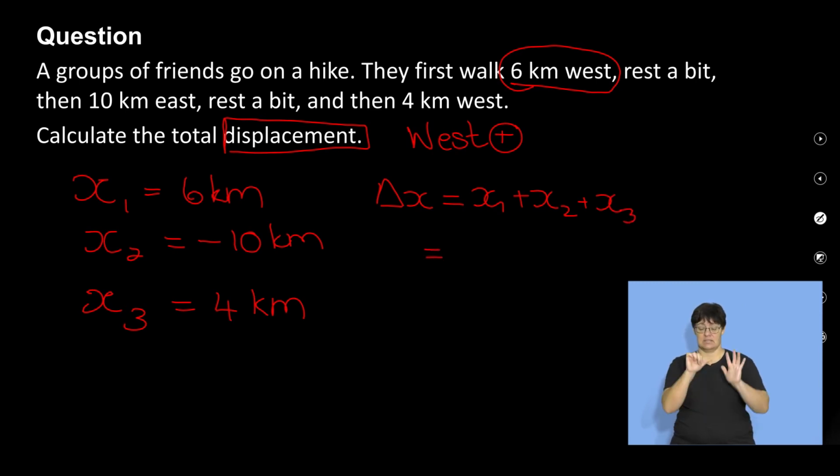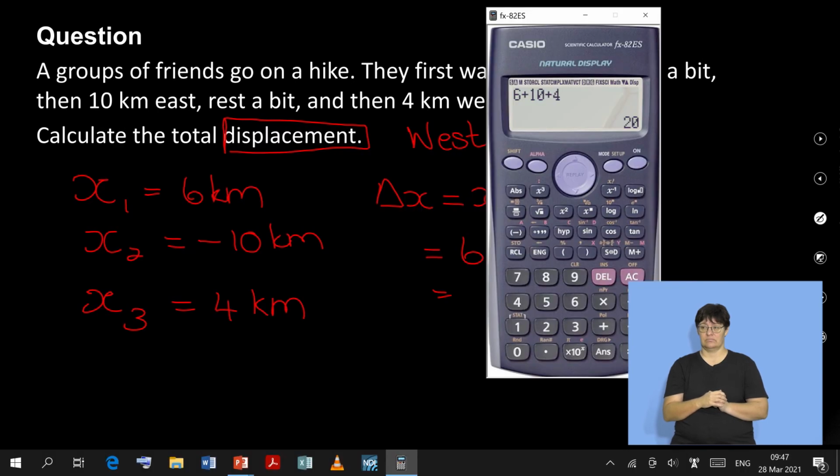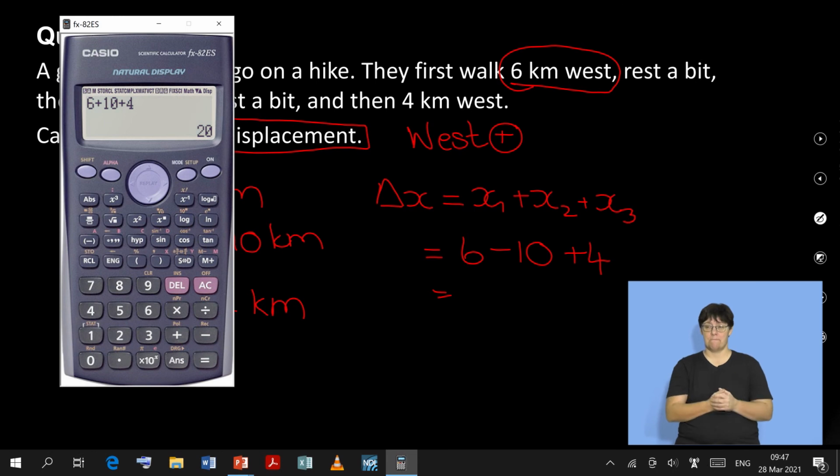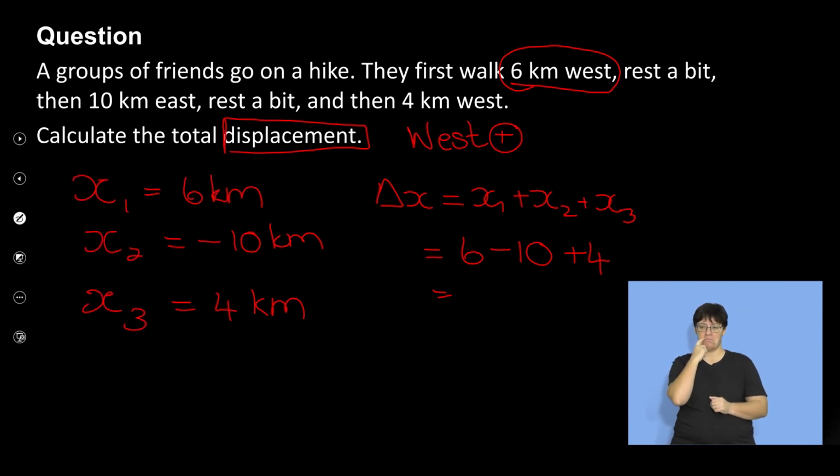So it's going to be 6 minus 10 plus 4. So let's see what happens now, okay? So let's put this over here, and we've got 6 minus 10 plus 4. Oh, look there. Gives me 0. What does that mean? Now, first of all, we get 0 kilometers.